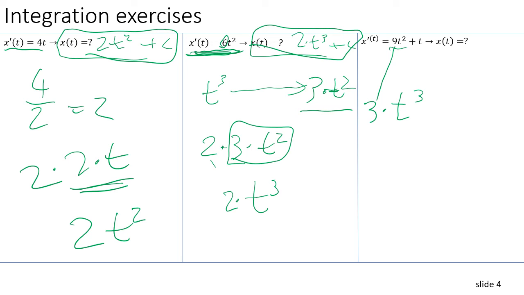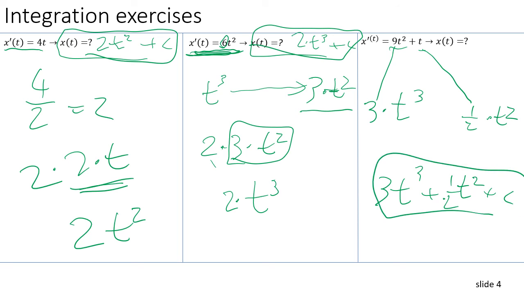And we also know that the integral of t is a half times t squared. So our final answer will just be 3 times t to the third power plus a half times t to the second power plus c. And there we go.